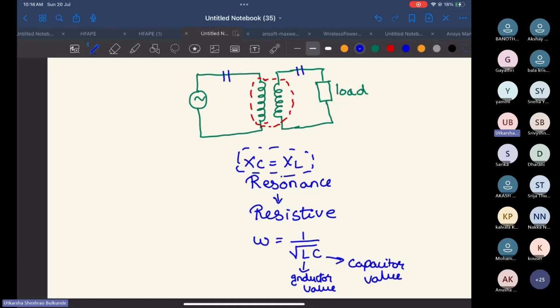Because we want to reduce the VA rating of our system, right? For wireless power transfer, you need a coil, which will have inductance, so a certain reactance will be there in the circuit. If you don't want that reactance, you can make your circuit operate at resonance. The condition for resonance is XC equals XL, and for that you have to add extra capacitors in the circuit.